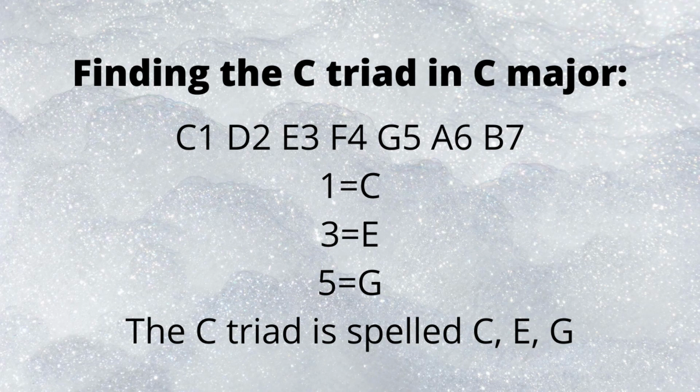So, we just learned that if we build a triad starting on the first note of the C major scale, we get a chord whose notes are C, E, and G. We know it's some kind of C chord, but we don't yet know if it's major, minor, or something else. More on that later, but first, let's get the rest of the triads from this scale spelled out.